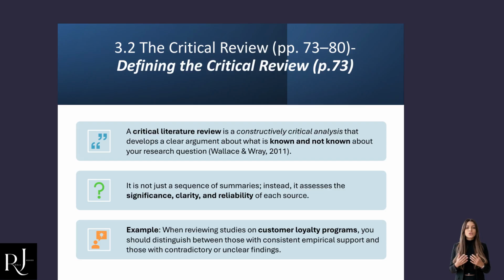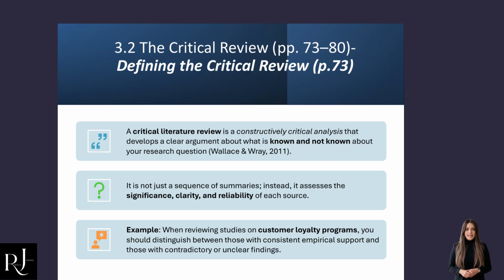Let's define what we mean by a critical literature review. According to Wallace and Ray, it is a constructively critical analysis that develops a clear argument about what is known and not known regarding your research question. It is important to remember that it is not just a sequence of summaries. Instead, it must assess the significance, clarity, and reliability of each source.